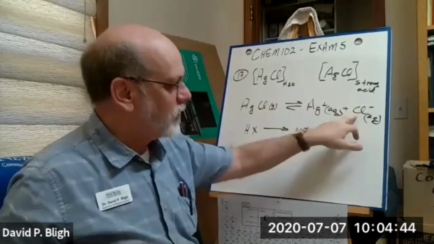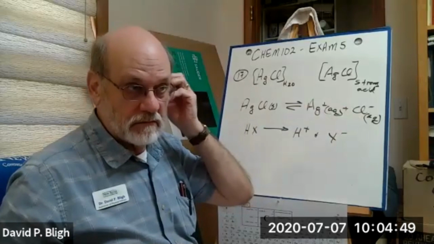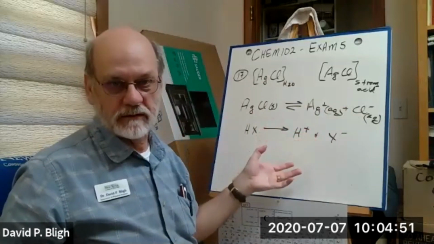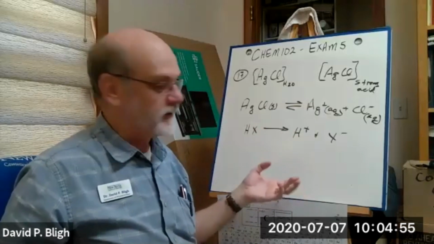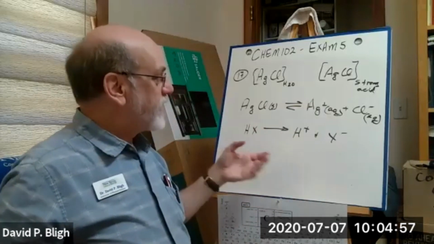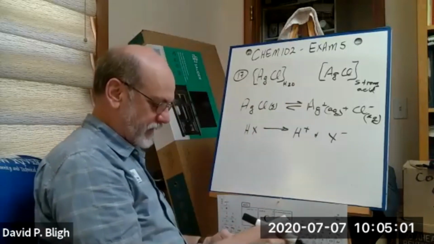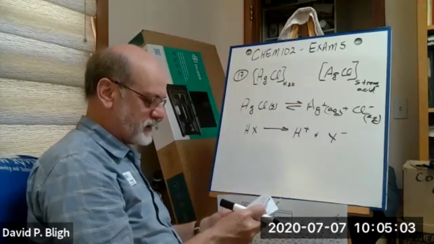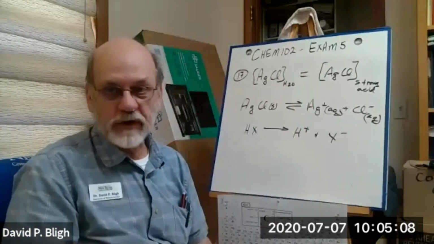So hydrogen and chloride, they don't form anything, right? Because hydrogen chloride in solution is a strong acid. So the effect on the solubility of these two, I think that was the question. Yeah, the solubility. They're equal. There's no difference.